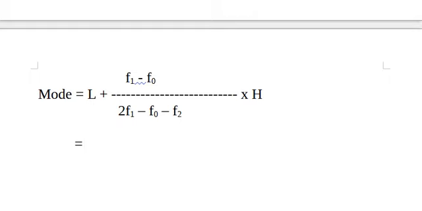So if we put L as 180 plus, next f1 minus f0, that means 15 minus 2.